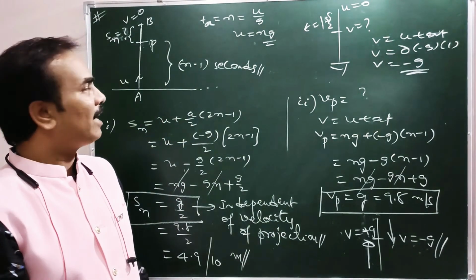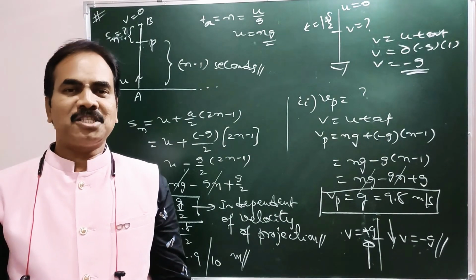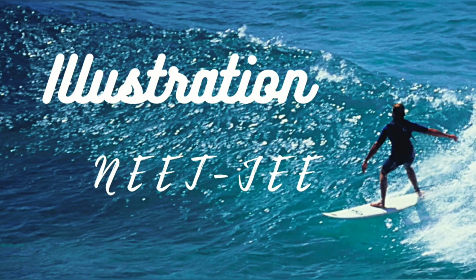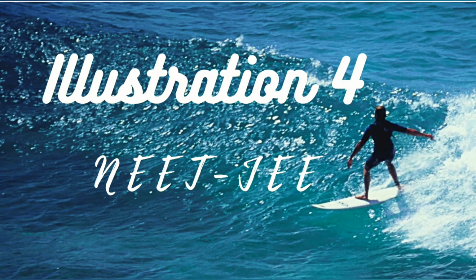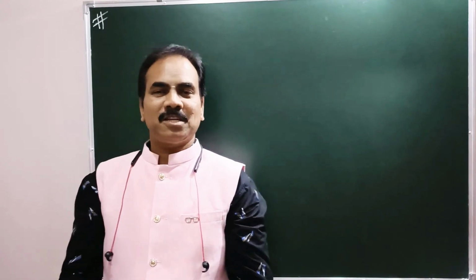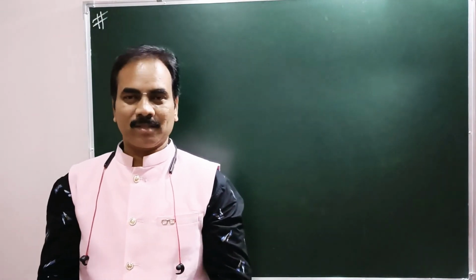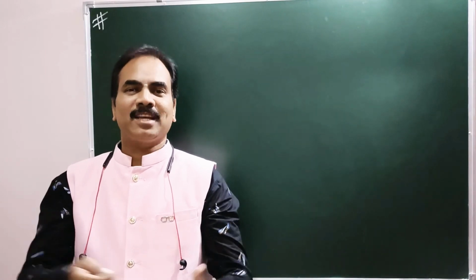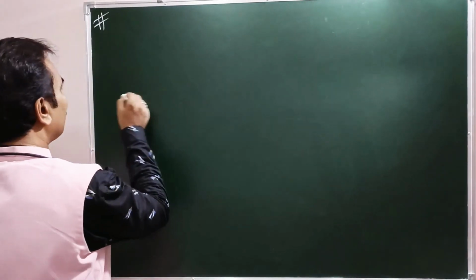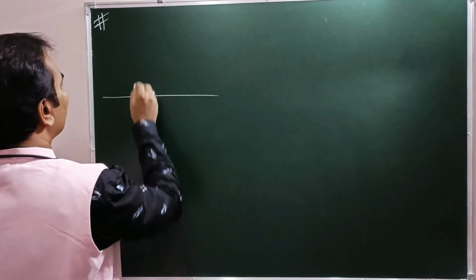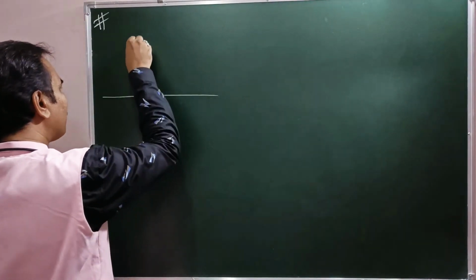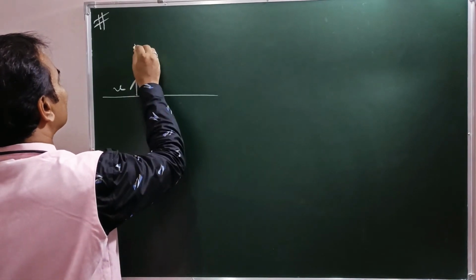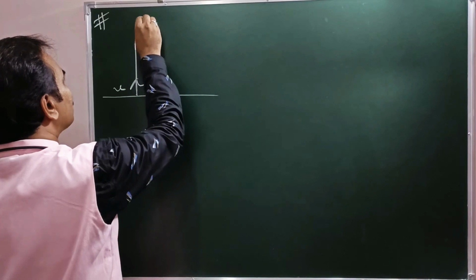Okay, so let us see the next point. Next situation: here a body is projected vertically upwards. In its entire motion, I want to know the distance covered in the last second of its entire motion. The reference line is the ground from which the body is projected vertically upwards with some known velocity u.